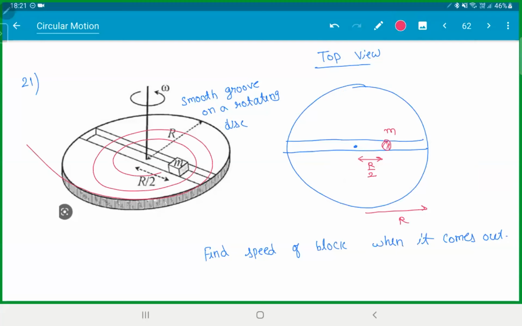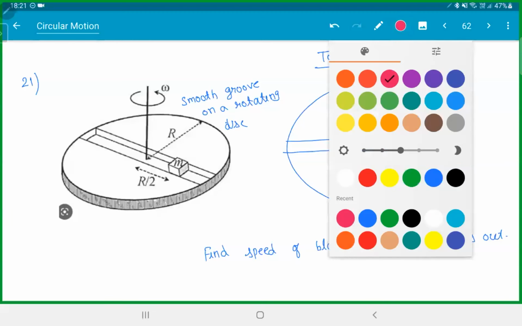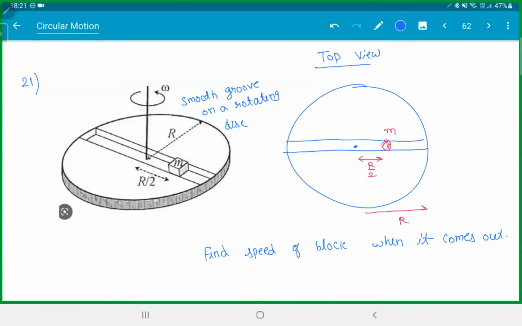It keeps coming out, it is rotating and it spirals off. Try. I'll give you a minute more. Anyone not clear with the question, please ask me.